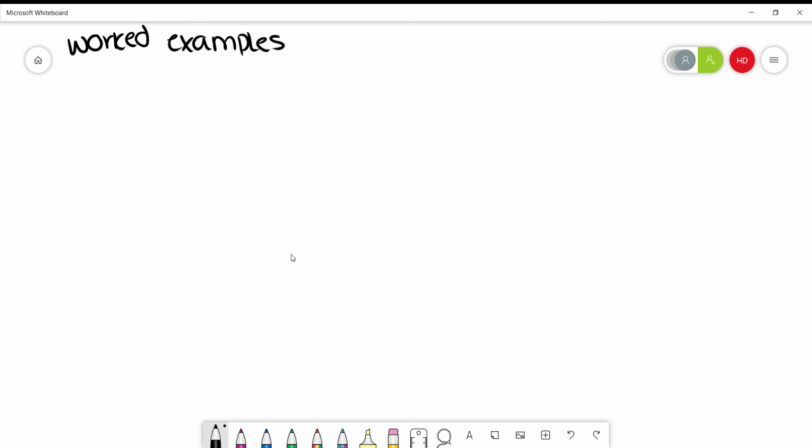We're going to talk about the contact process here, so that's the contact process. Sulfur dioxide is converted into sulfur trioxide.